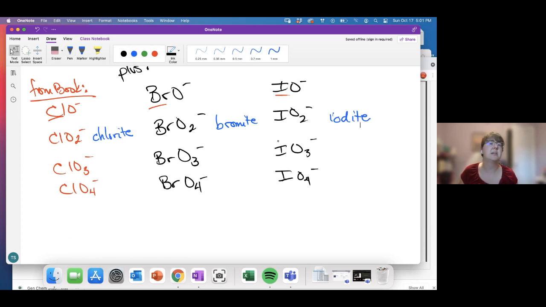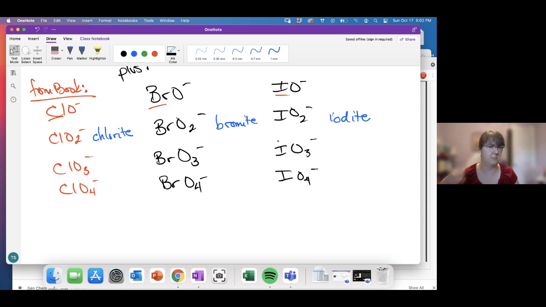So this idea that chlorine, bromine, and iodine are essentially interchangeable means that where there were 4 polyatomic ions, there's actually 12. And all you have to do is name the element that it's part of.